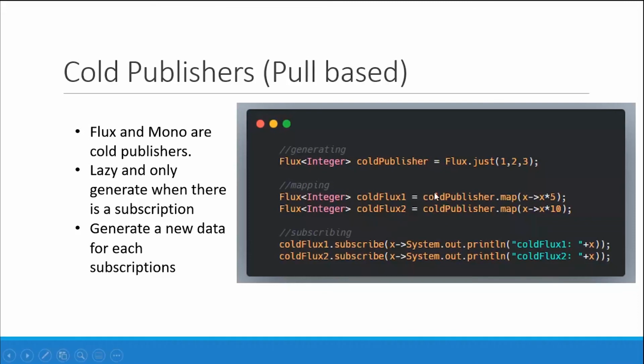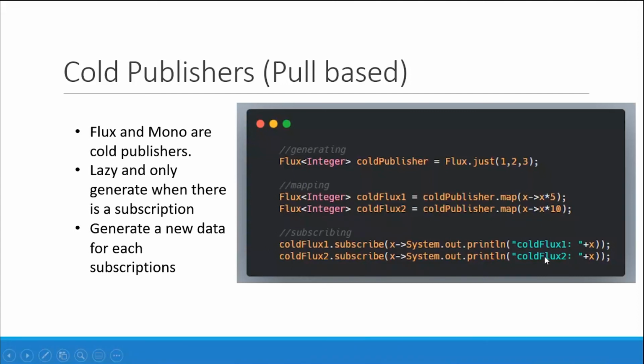So you can see I have called publish. I create a flux. It will emit 1, 2, 3, and I create two fluxes from that. Mapping one, and the second one mapping this. The first flux, I subscribe to it. It will print with cold flux 1. The second flux, I will subscribe to it.